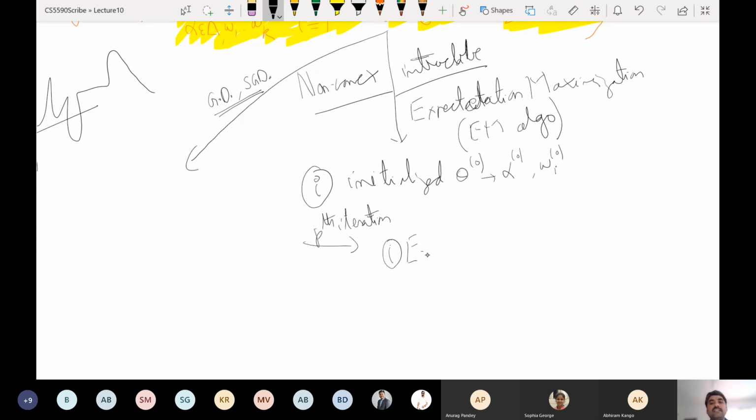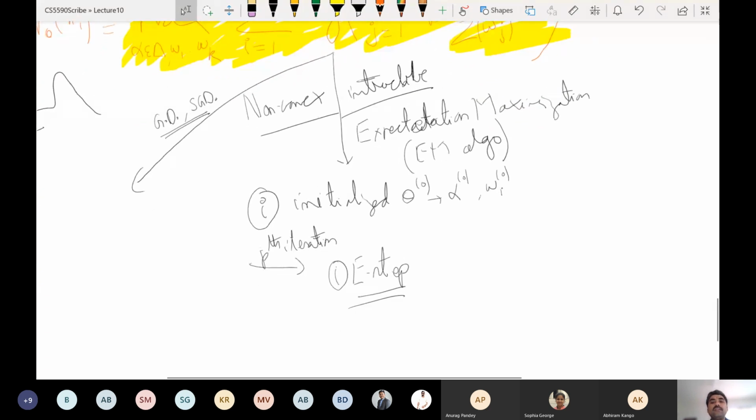One is called the E step, where you estimate, I'll write the formula and then try to explain. You'll estimate the posterior of the cluster ID given the examples with the (p minus 1)th iterate of the parameters, right? So if you are in the first iteration, you already know theta 0, right? So with that theta 0 value, you can always compute p(y given x). How will you compute?